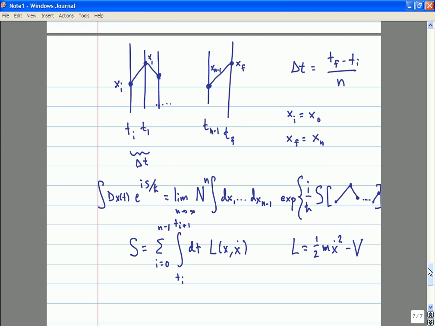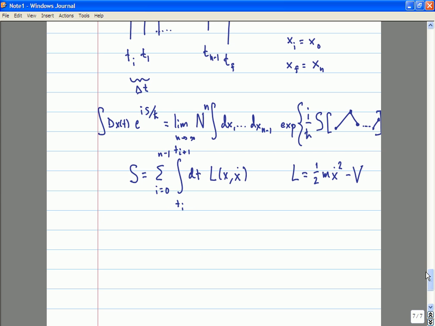So in the limit where n is very large, namely where delta t is becoming very small, I can approximate the integral dt of the Lagrangian as follows.